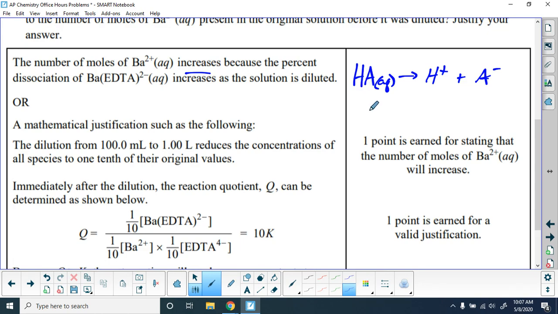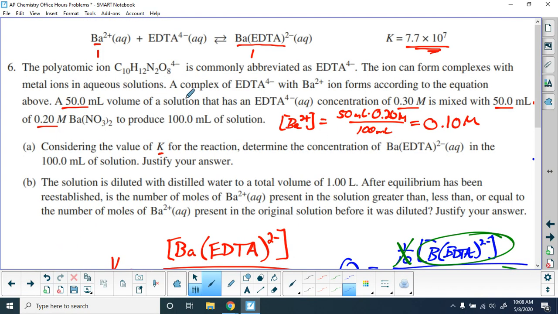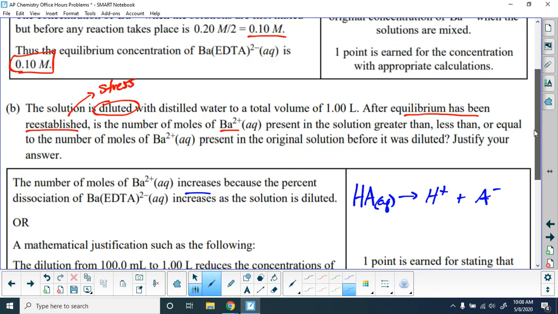And so a more dilute solution, which has more H2O available, is going to have more H plus and A minus ions produced as a percentage of my original acid. So percent ionization increases when you get more dilute. Well, the same thing applies for this reaction, only we're starting with our compound that's stuck together on the product side. But if I get more dilute, it's also going to shift to produce more ions in this direction, and we'll get greater ionization. And so you could use that for justification as well.